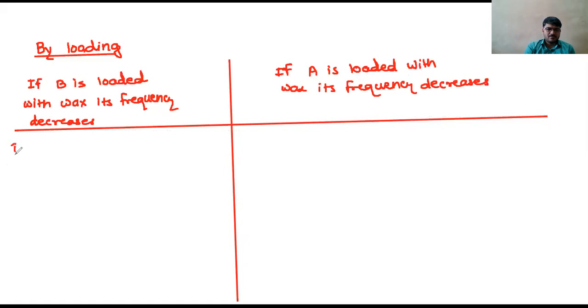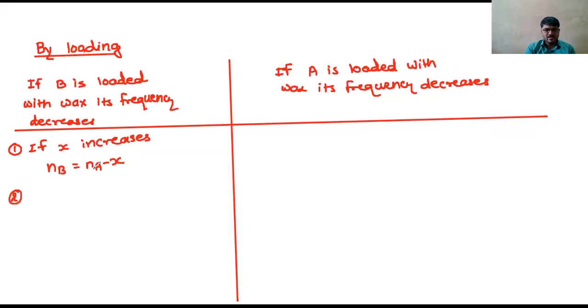First case, if B is loaded and the number of beats increases, that is X, if X increases, then you have to use the formula NB is equal to NA minus X.